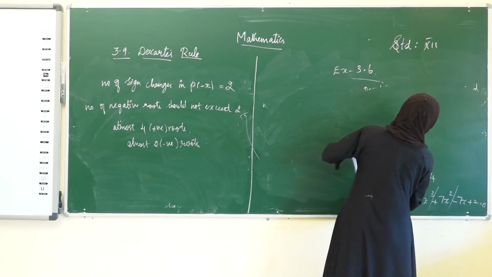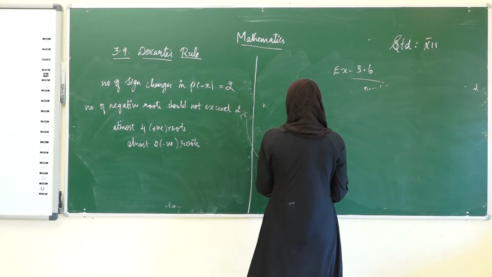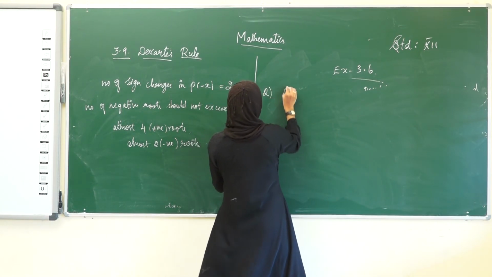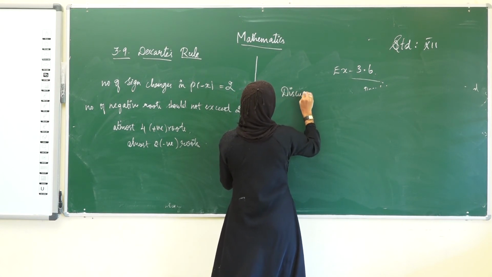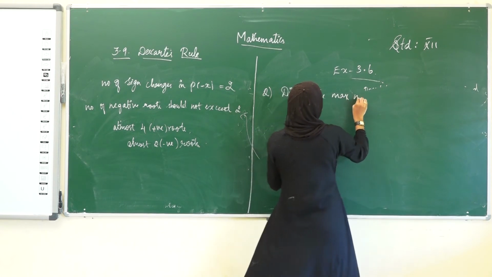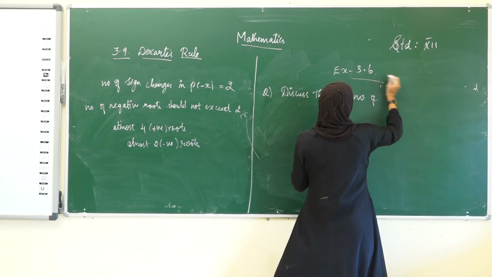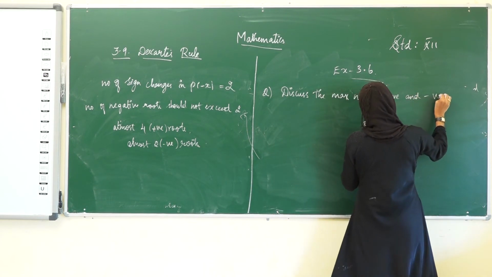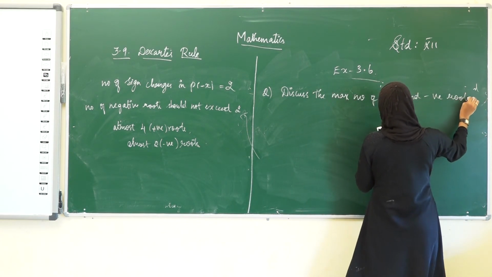What is given in the second question? Again they have asked the same question: discuss the maximum number of positive and negative roots of the equation.